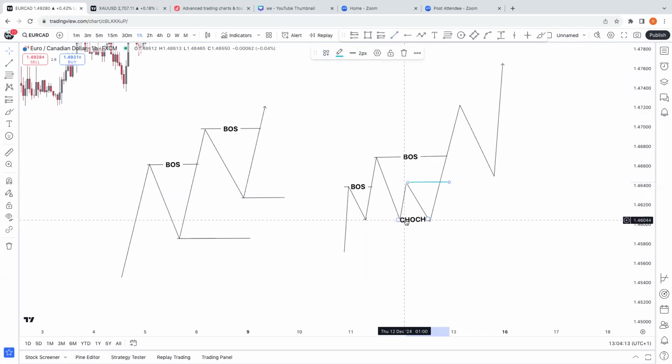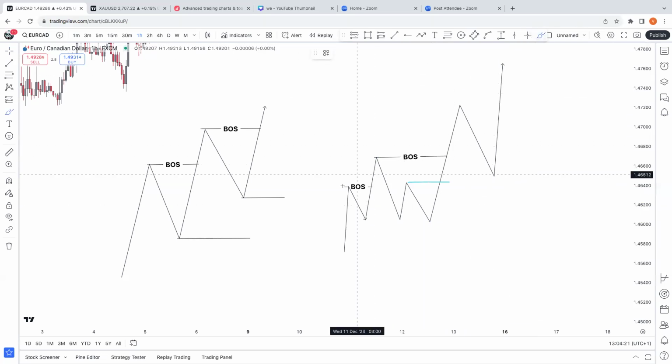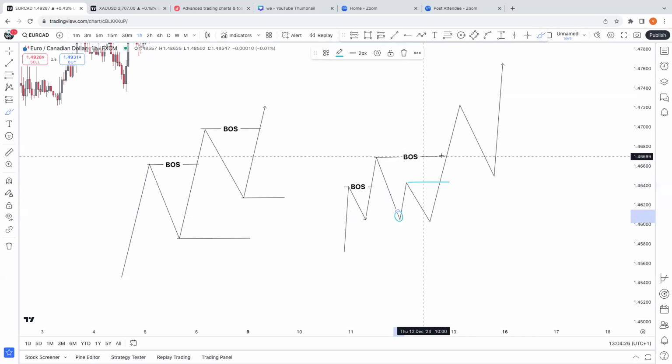Some persons are going to say this is a change of character because price has taken out a low, this low. Now, whenever a low fails to create a new high in a bullish scenario, we refer to that low as a weak low. So this point was expected to take out this high, but it failed.